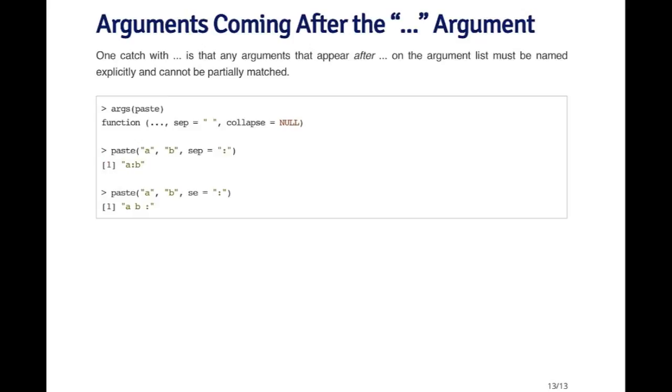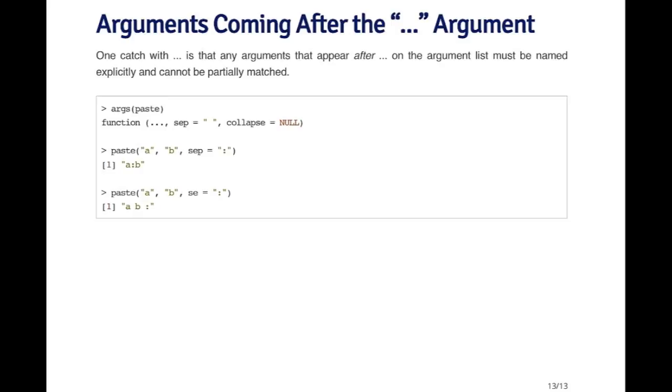In this first example, if I try to paste together A and B, so A and B are going into the dot dot dot argument, and then I say sep equals colon, it means I want to paste them together separated by a colon. However, if I try to do partial matching with sep, the partial matching gets ignored.